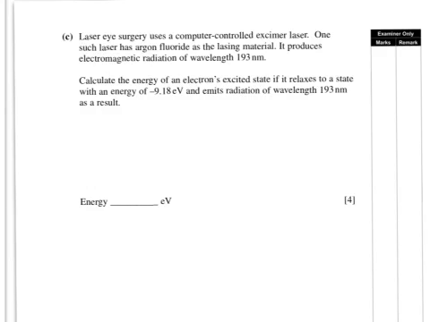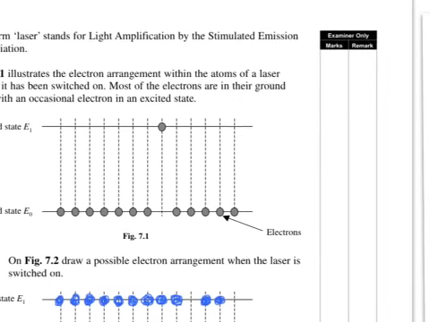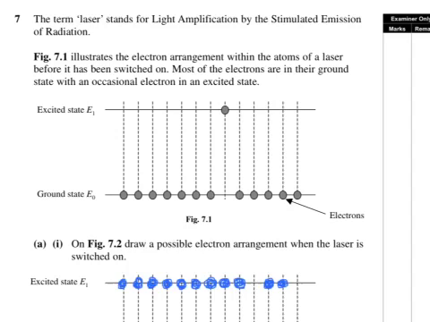I'm going to use the diagram down here to help explain this a bit more and zoom in. So what we have is the electron has dropped down from an excited state to the ground state, and this ground state has an energy level of minus 9.18 electrovolts. And what the electron has done as it's dropped down is that it has emitted a wave of electromagnetic radiation of 193 nanometers wavelength.